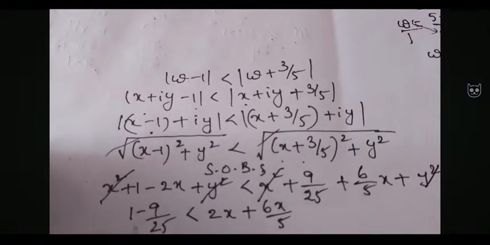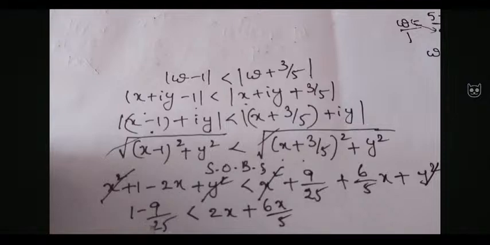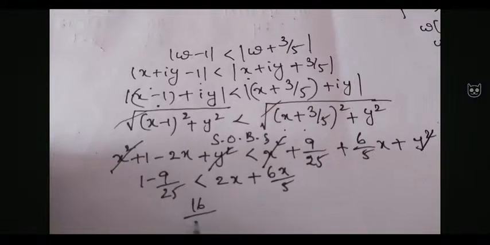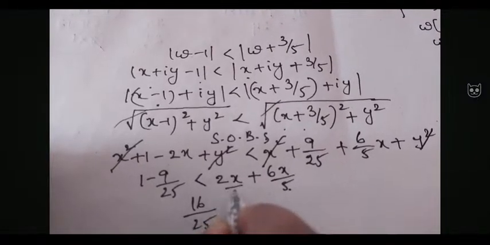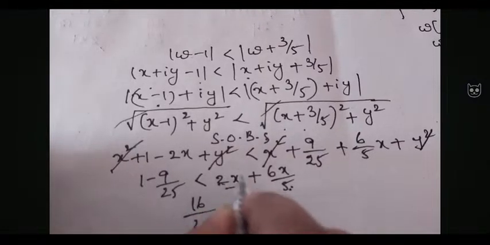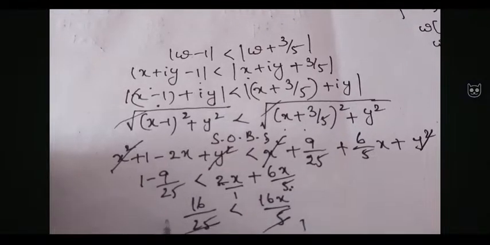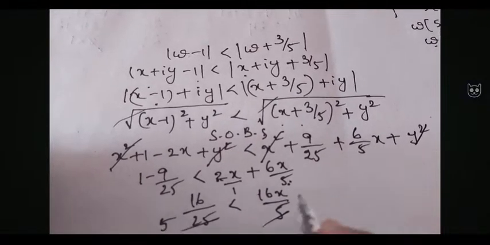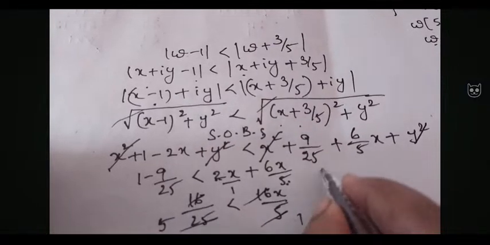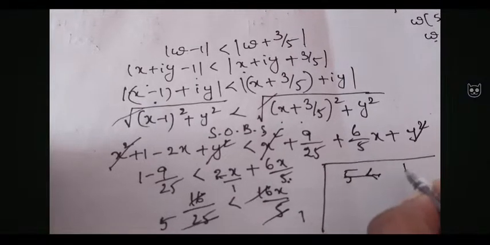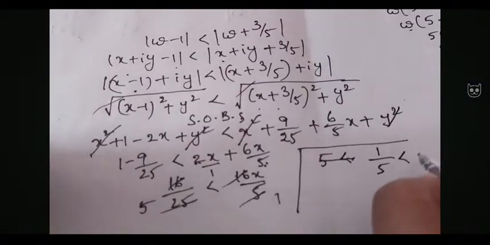So from 1 minus 9 by 25, what do you get? 25 minus 9, that is 16 by 25, less than, here also do cross multiplication. 5 2s are 10, 10x plus 6x, 16x by 5. 5 1s are 5, 5 5s are 25, and 16, 16 cancel. So what we get here, 1 by 5 less than x.